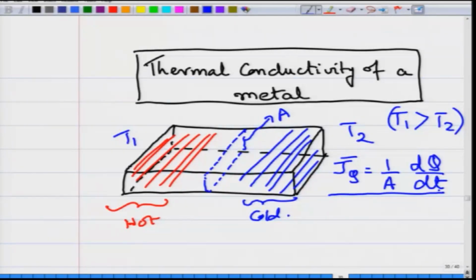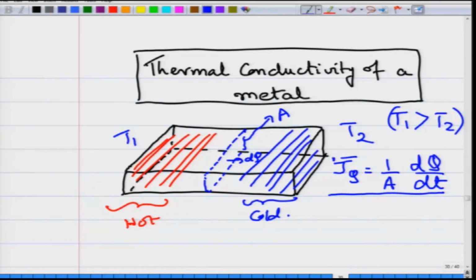So, this is the heat current, the thermal current which is generated. dq is the amount of heat that is flowing perpendicular to this cross sectional area in time dt, and so you will measure how much is the heat current density.